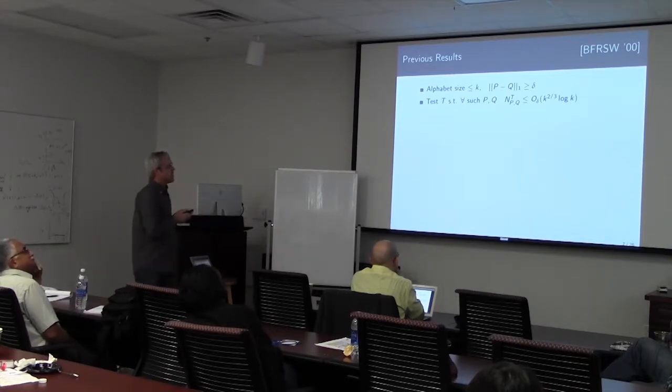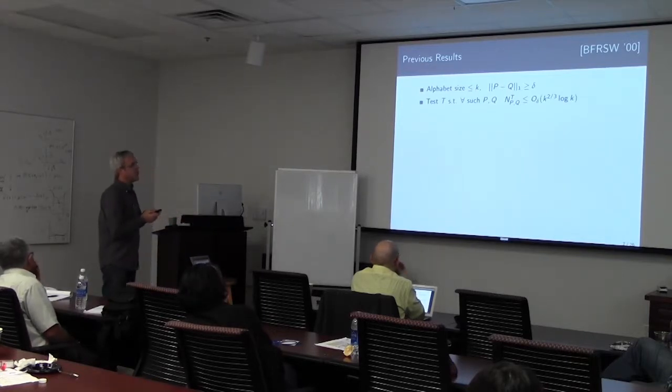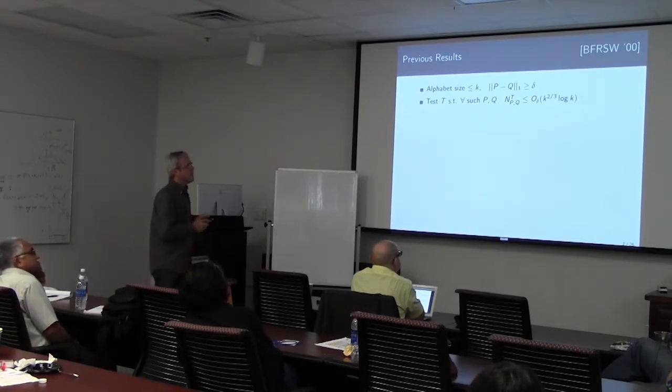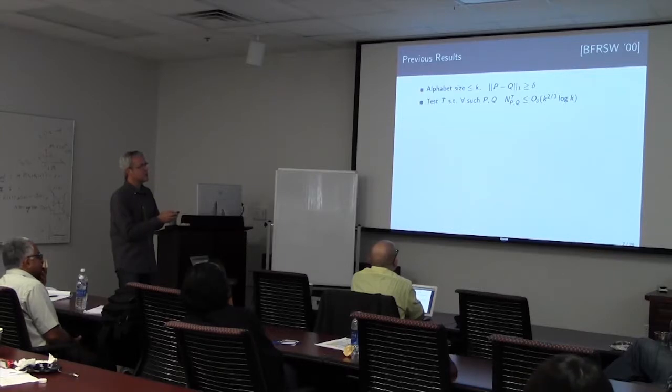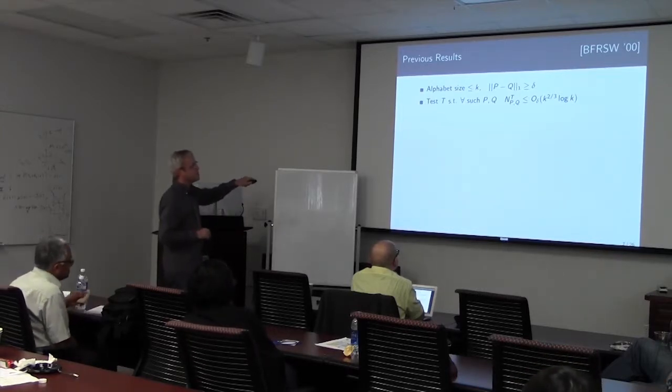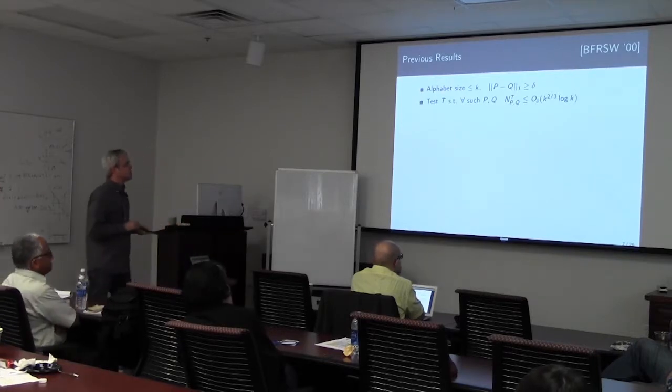Okay. Then they came up with a test T such that for all such distributions, all P and Q that satisfy these conditions, the number of samples that this single test needs is at most k to the 2/3 times log k. And then there's some constant dependence on delta, which okay? So we're going to concentrate on the exponent here, 2/3, okay?